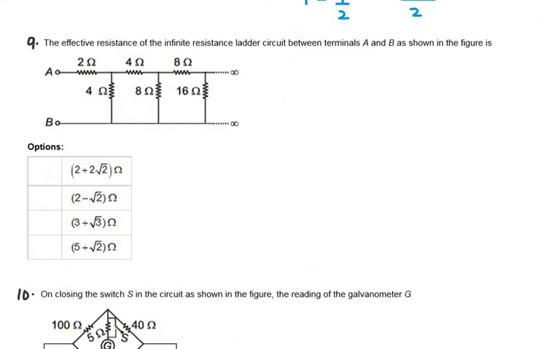Here we are given the effective resistance of the infinite resistance ladder circuit between terminals A and B. So here I will take the effective resistance between A and B as X. So I will redraw the figure as A and B. Here we have 2 ohm and in between we have 4 ohm.